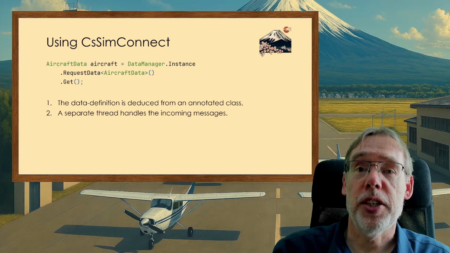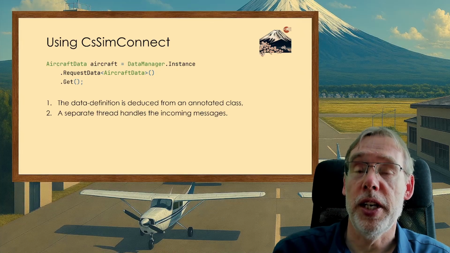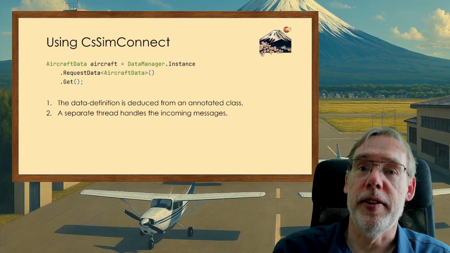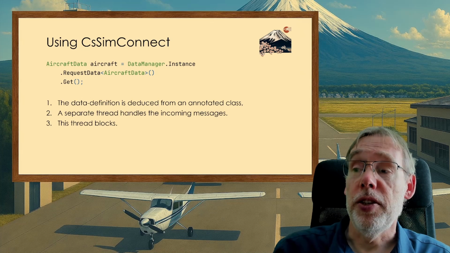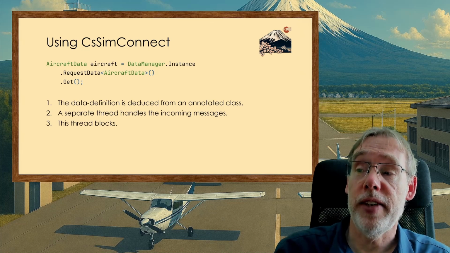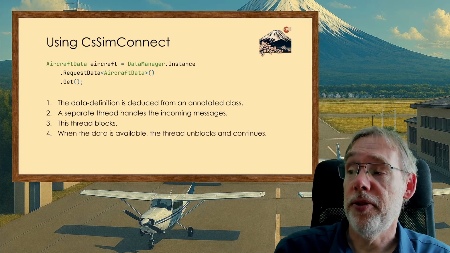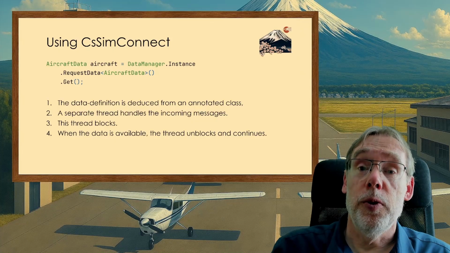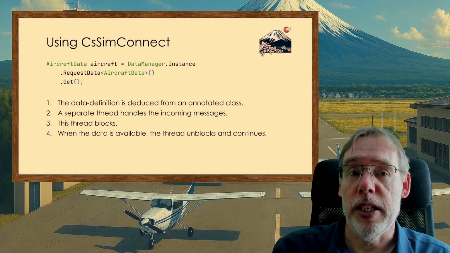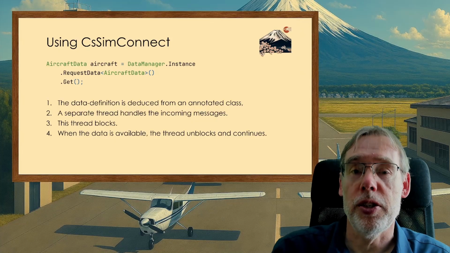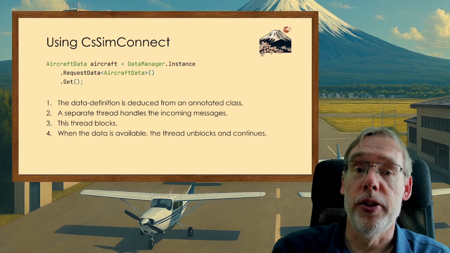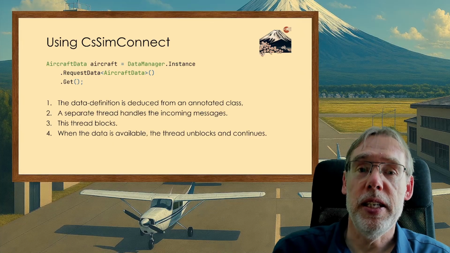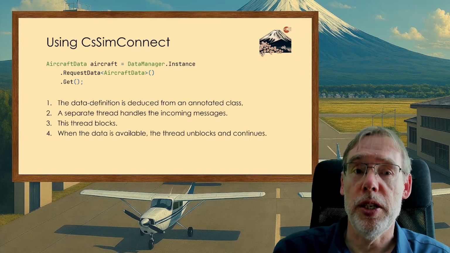It also takes care of all incoming messages and dispatching them to wherever they are needed. This means I can block the current thread. And then when the data is available, the value is extracted from the message and constructed, and then passed on as a result of the get call. So then the thread can unblock and continue.